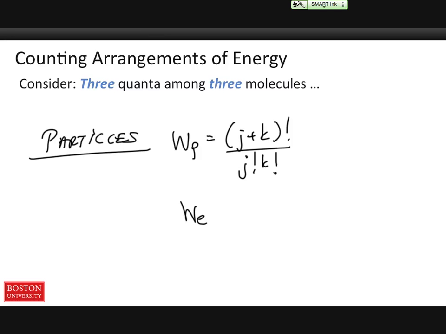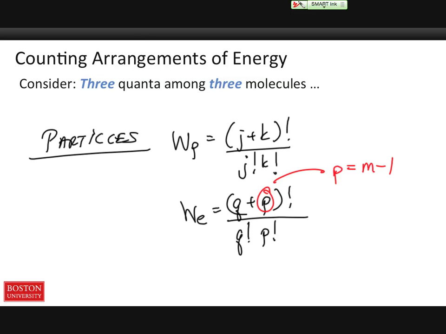If we're counting energy, then it's q quanta plus p partitions factorial over the degeneracies for the quanta, the degeneracies for the partitions, and here the number of partitions is just the number of molecules minus 1. Try doing a couple more of these calculations and you'll get some expertise at them, and they'll hopefully be much more simple.